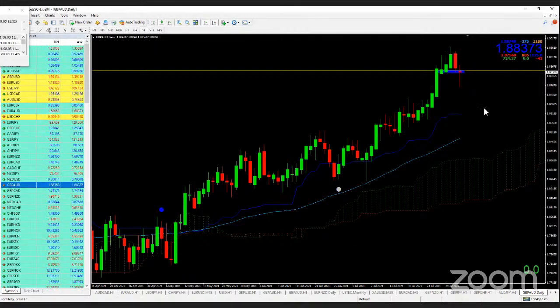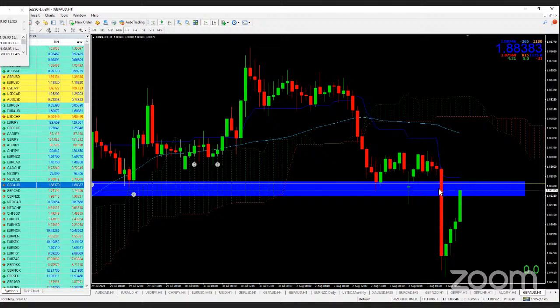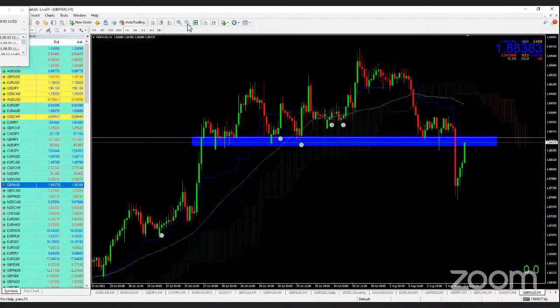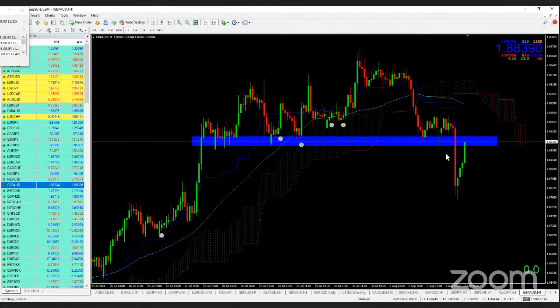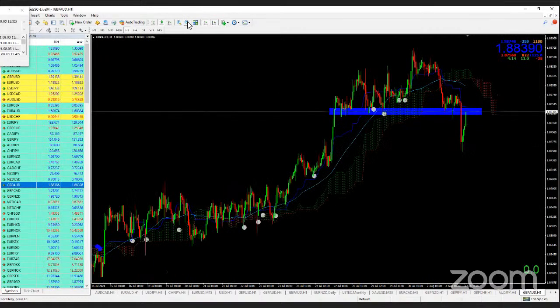If anything, I believe it's just going to pull back like it did yesterday. From yesterday's news alone, we see there was that massive drop. Now we have this area that has to be broken. If it breaks and closes above it, then that could be the end of that pullback.